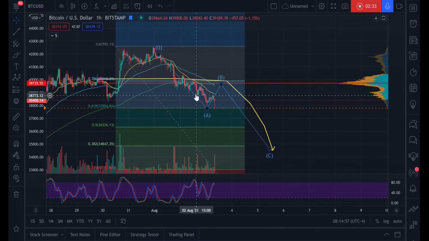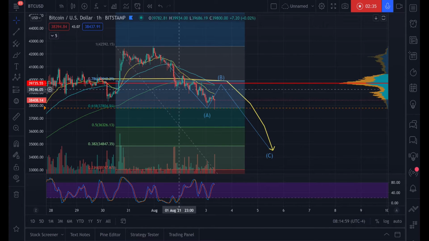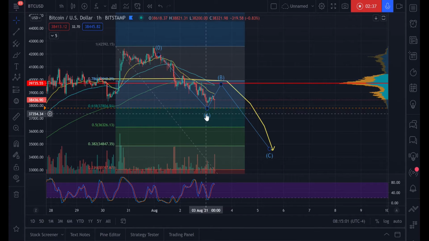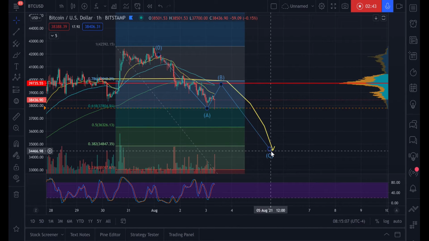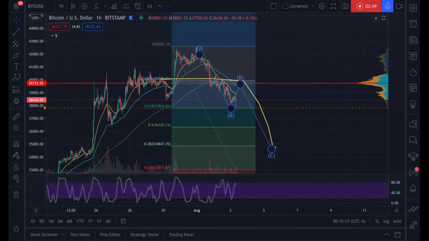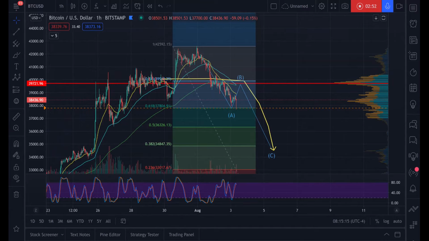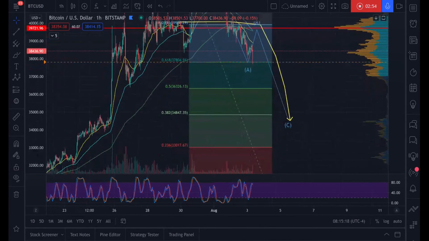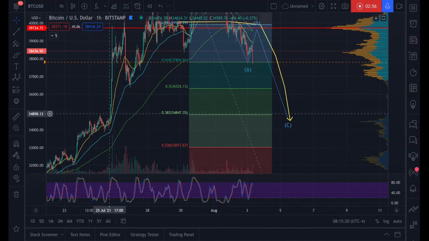The A leg is comprised of 3 waves, 1, 2, 3. The B is also comprised of 3 waves, 1, 2, 3. And the C wave is sort of a 5 wave impulse. So it's going to be the deepest, given what we've seen, given the imbalance in the chart. It looks as if we're going to make our way down to the 382, right?